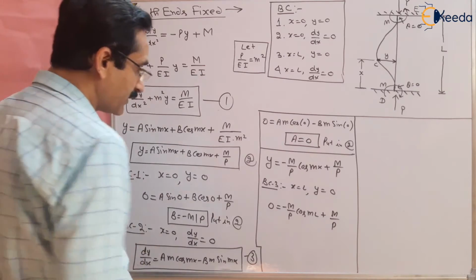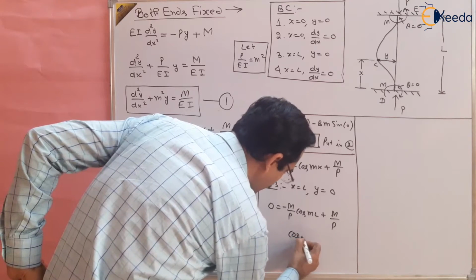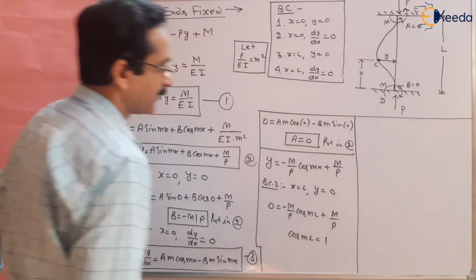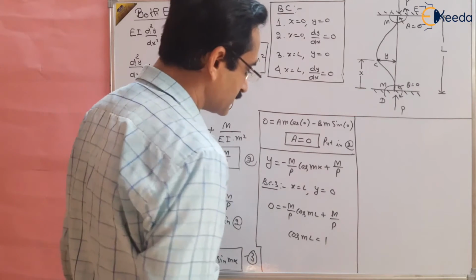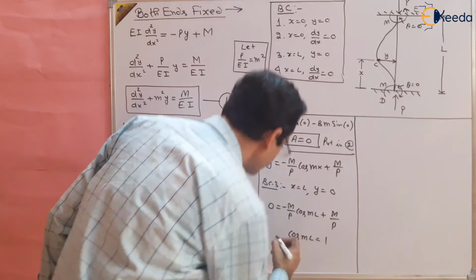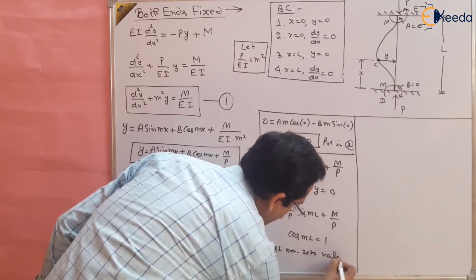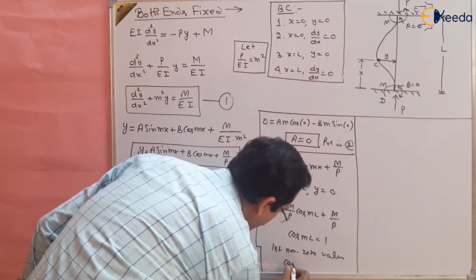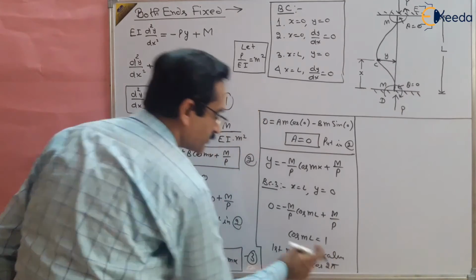So from here you will get cos ml equal to 1. At what value of theta is cos theta equal to 1? That is at cos 0 or cos 2 pi, right? So we are taking the first non-zero value, that cos ml will be equal to cos 2 pi.